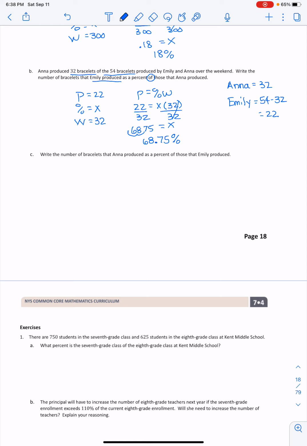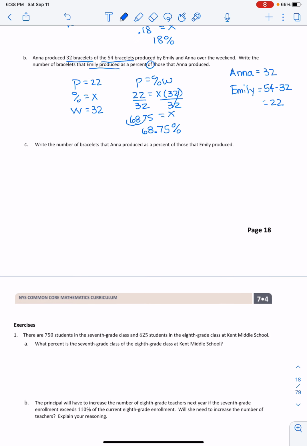So now it says write the number of bracelets that Anna produced as a percent of those that Emily produced, which means we're going to switch these numbers around. So P, percent, W. So now Anna is the part, which is 32. X is what we're finding. Emily is on the bottom.